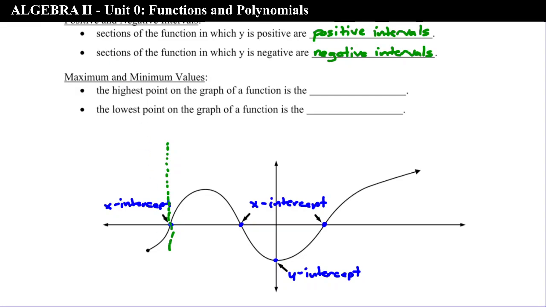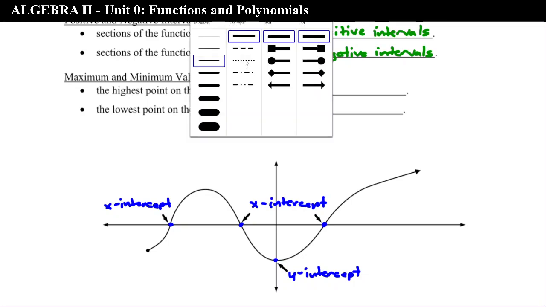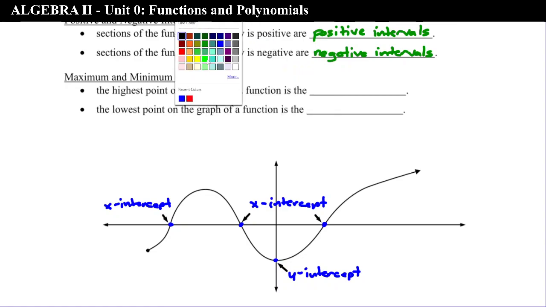In fact, let me see if I can draw this line a little bit neater. We're going to use a dashed line, and we're going to make it green.